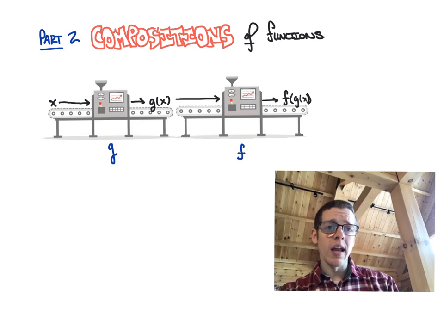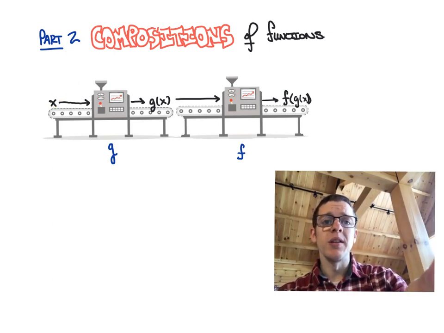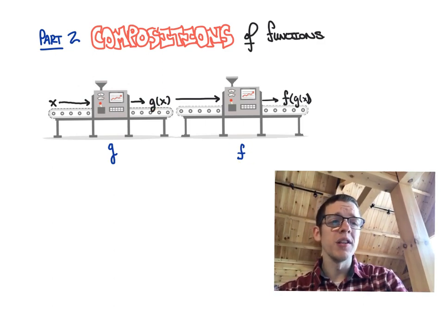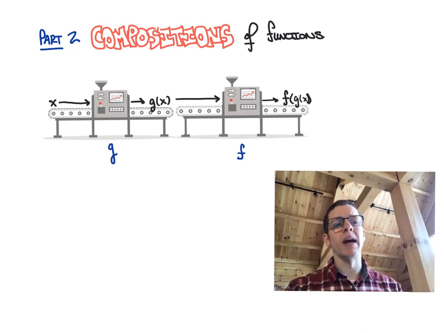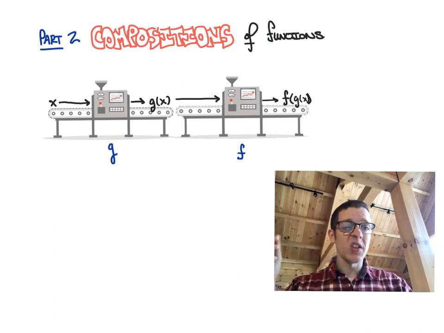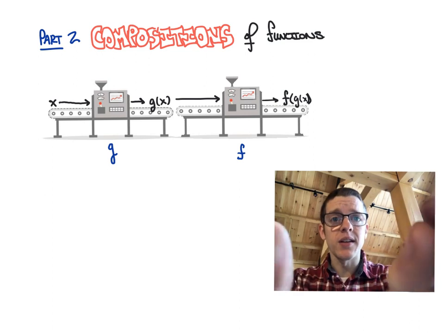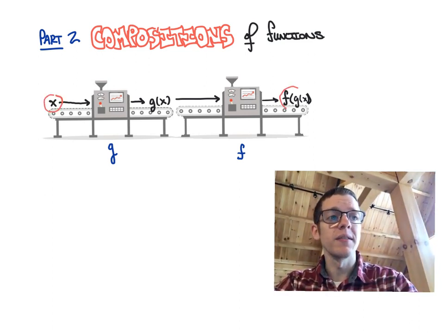Okay. Now, of course, the input that we put in to the function g has to be in the domain of g, and then the output here, in order to put it in the next function, would have to be in the domain here. So there are some technicalities where the domains have to match up. But nonetheless, we end up getting an input x, and we get an output f of g of x after the whole process.